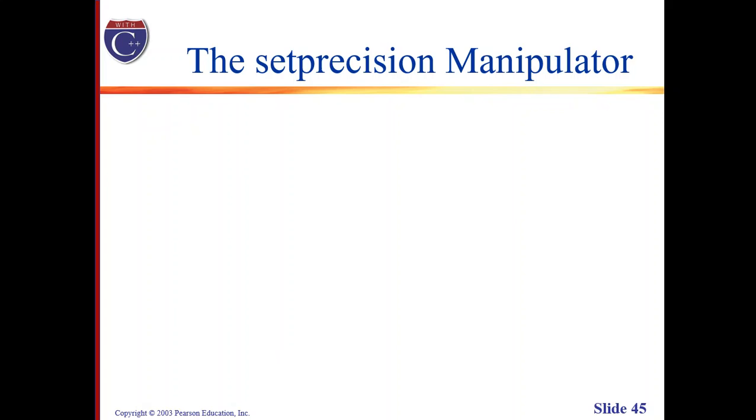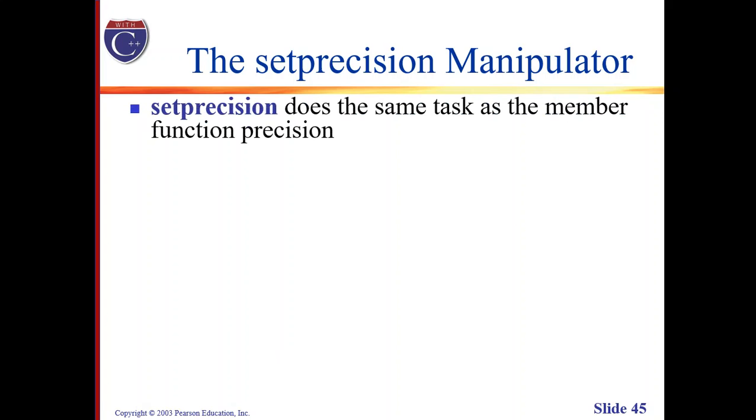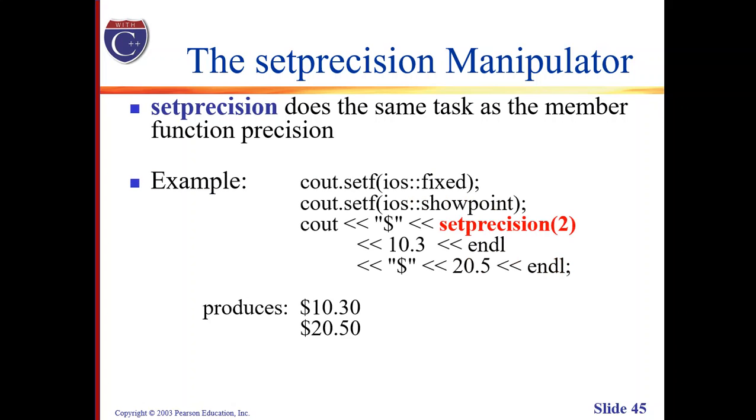And we also have the setprecision manipulator. setprecision does the same task as the member function precision. For example, how can we use that? In this case, we set the following flags for our cout object, our cout output stream. We set the flags as fixed and showpoint.